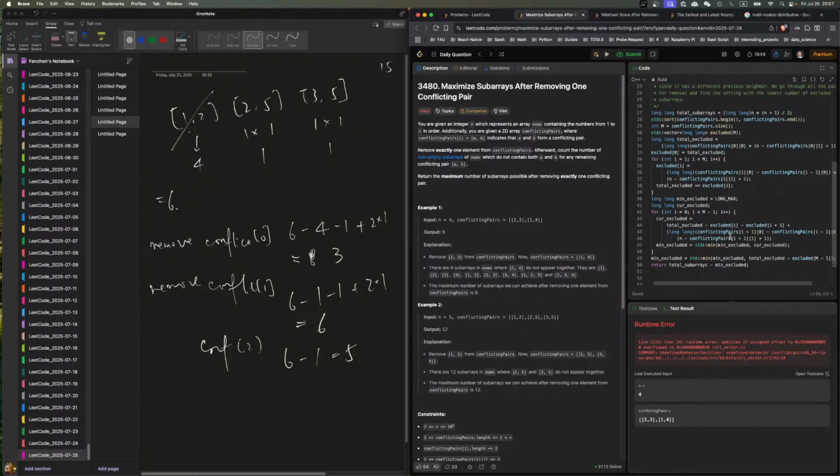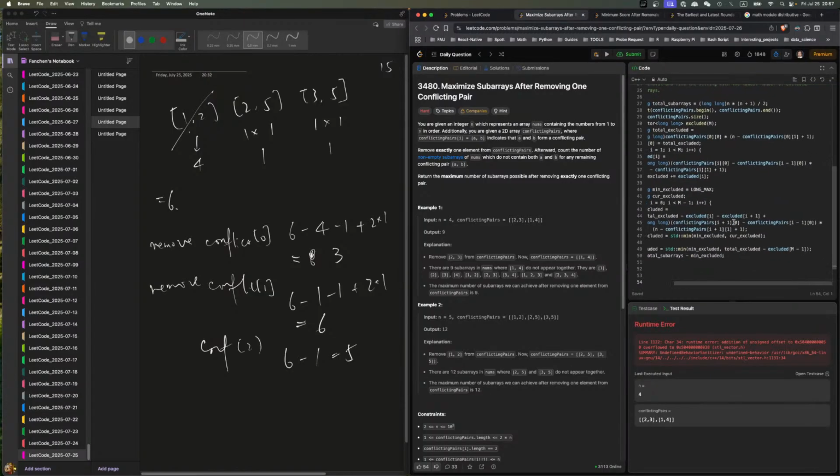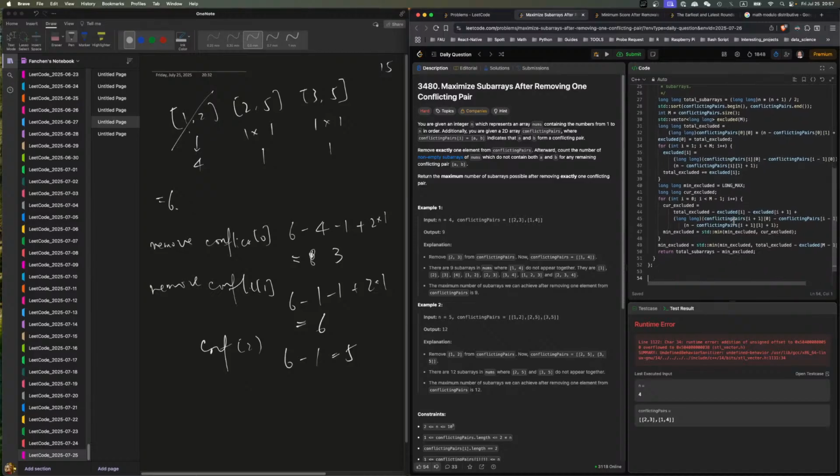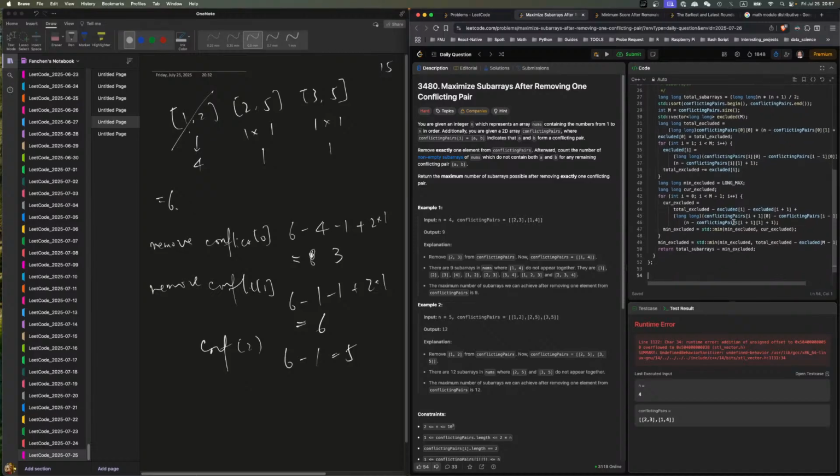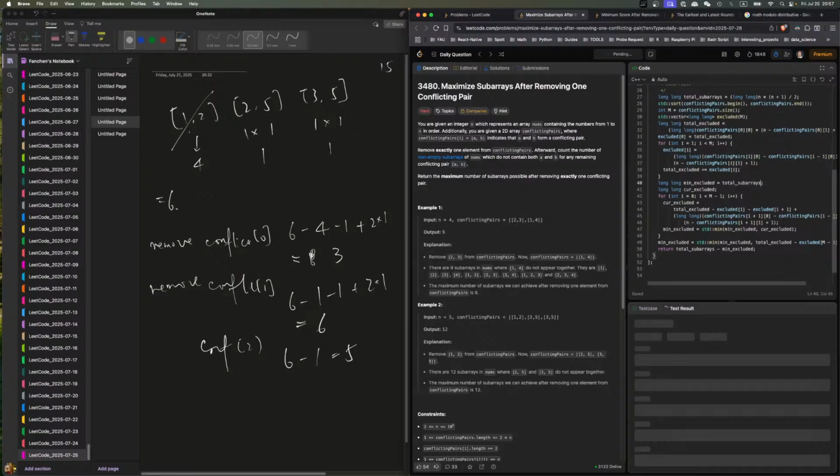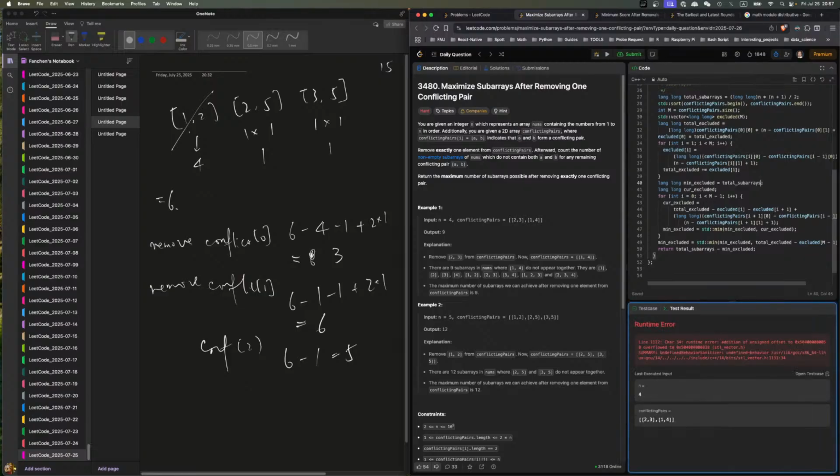What overflow? Well, I can do total subarray, just in case that's the reason. Huh.